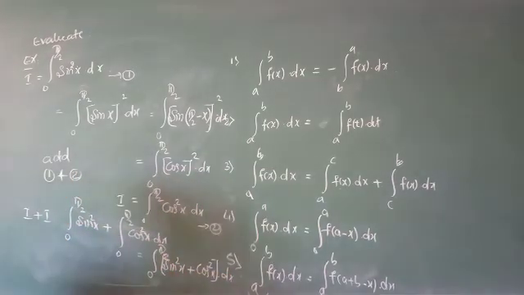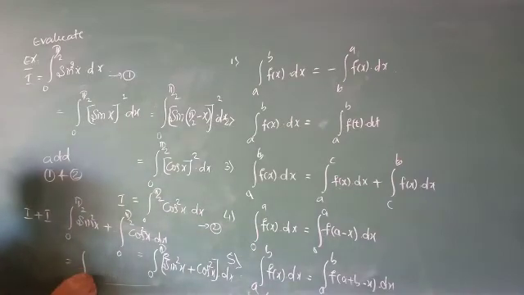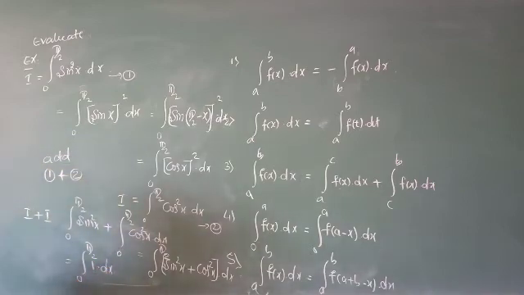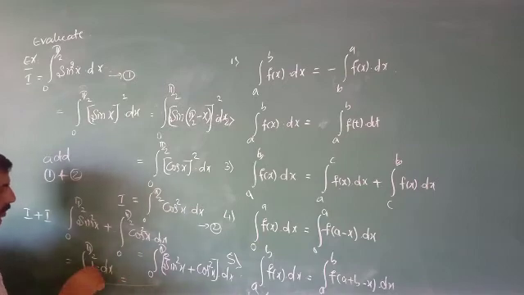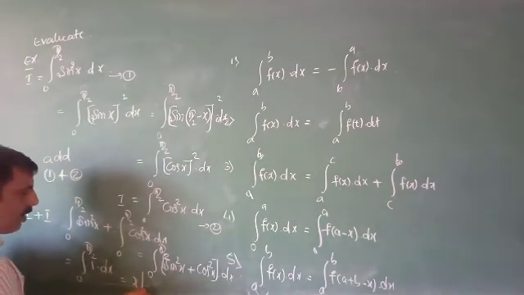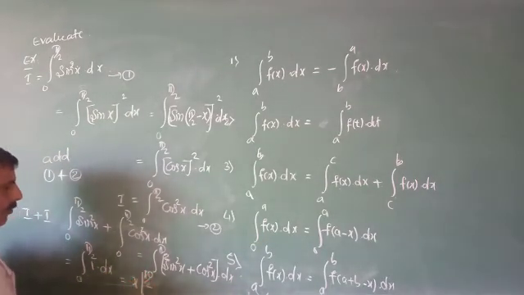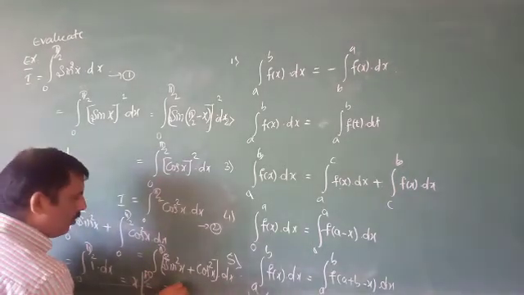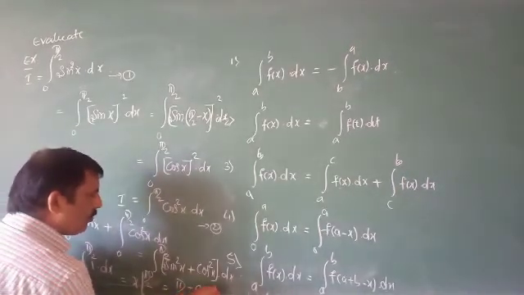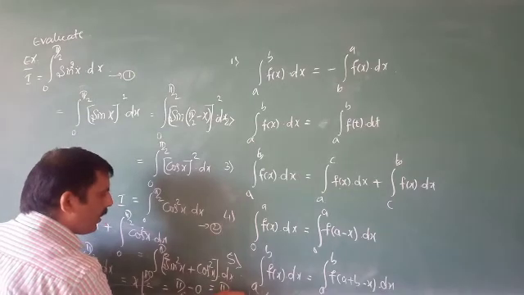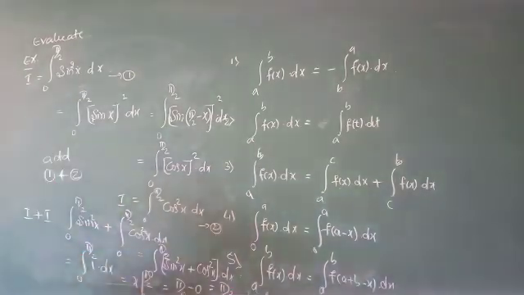Sin square x plus cos square x is 1. So integral of 1 with respect to x is x from 0 to pi by 2, which is pi by 2 minus 0, equal to pi by 2.